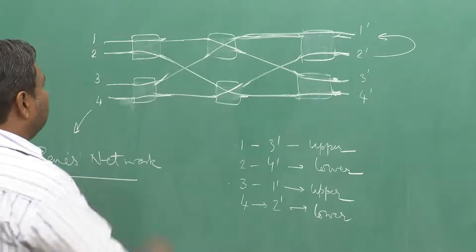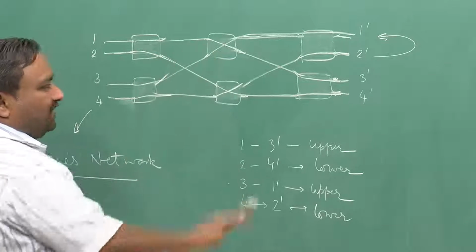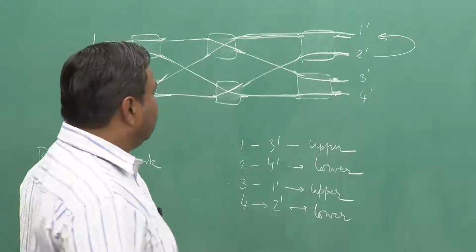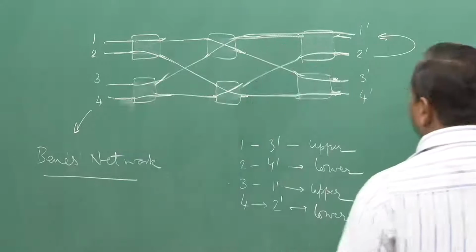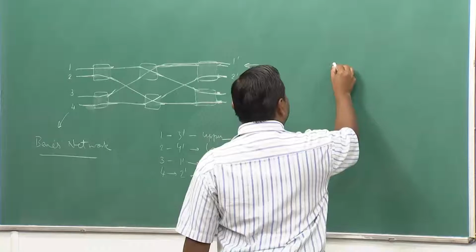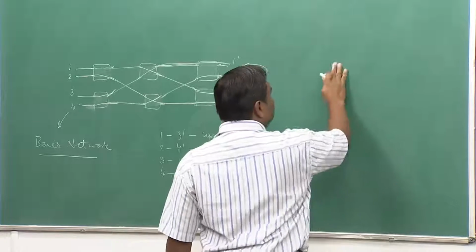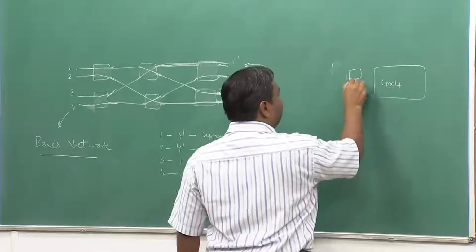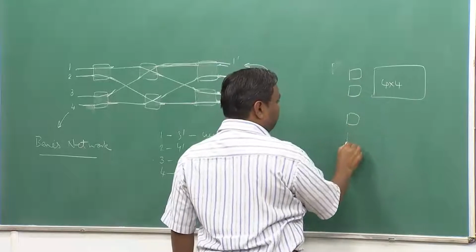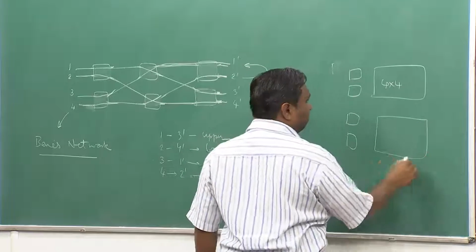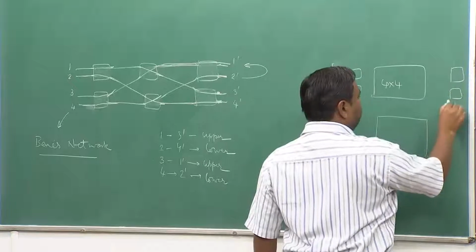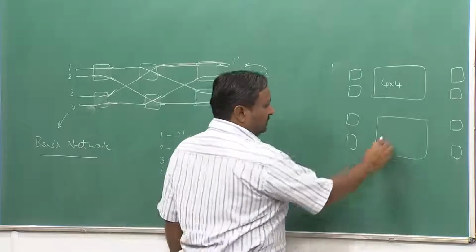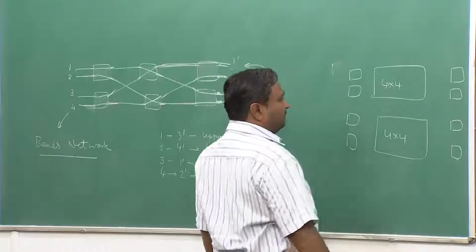Benes network actually is built by 2 by 2 crossbars. Okay. Clos is a more generalized form. So, this is a subclass of Clos. I can now create this 4 by 4, and I have two by 2.